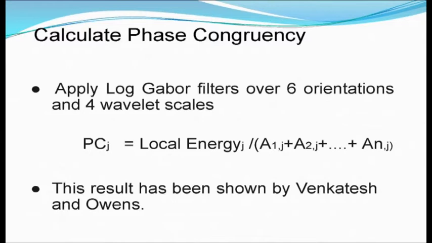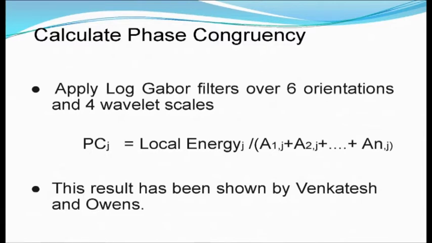Venkatesh and Owens previously found that phase congruency at an orientation J is the local energy at orientation J upon the summation of amplitude over all the scales at that orientation.